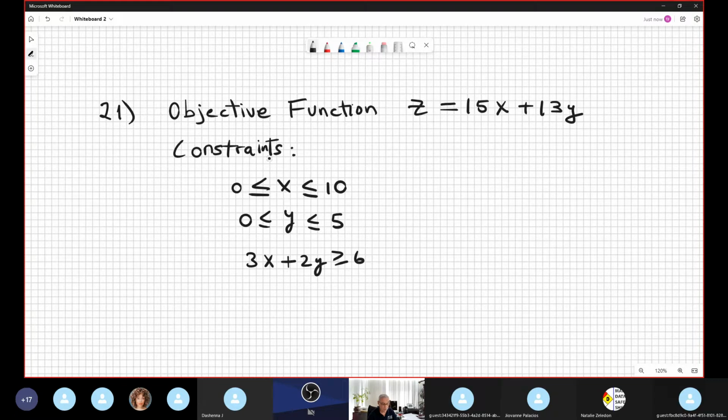Okay, 1, 2, 3. This is the constraint. So I need to minimize or maximize. I suppose it's maximize this function, C, maximum, subject to this constraint.